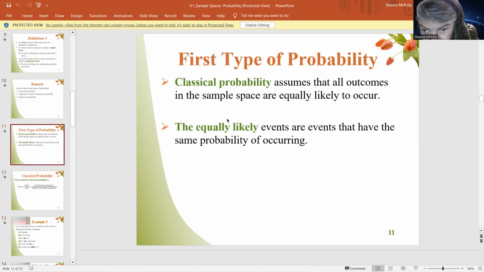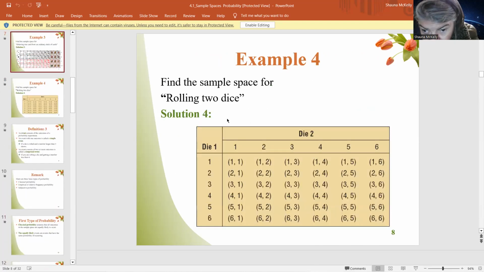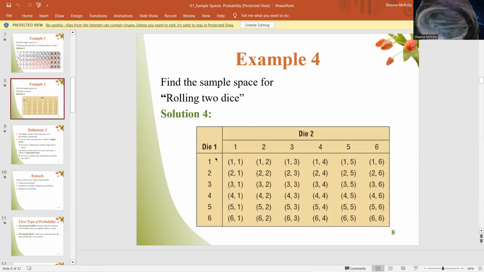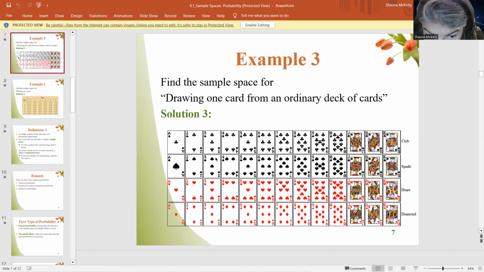Now, that looks hard, but this is not actually that bad. Let's look at the sample space. This is slide number 7 on your slides, and this is your friend, so use this.